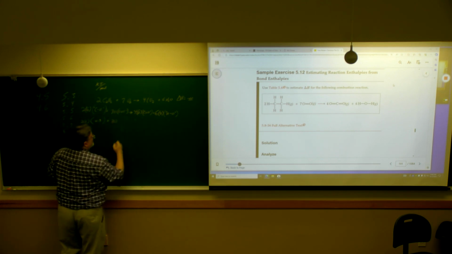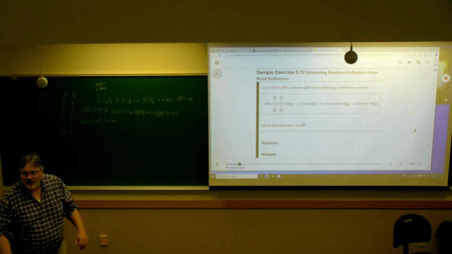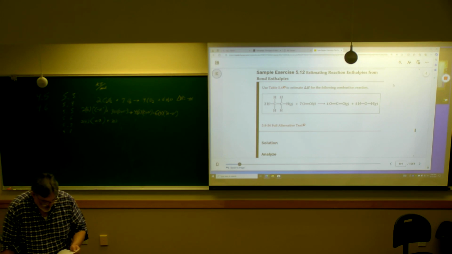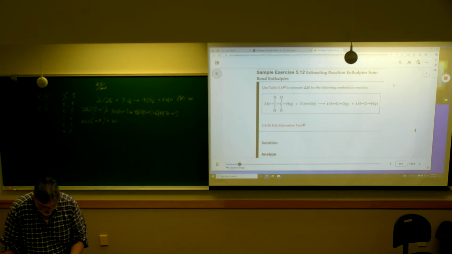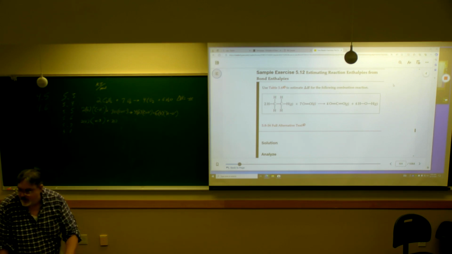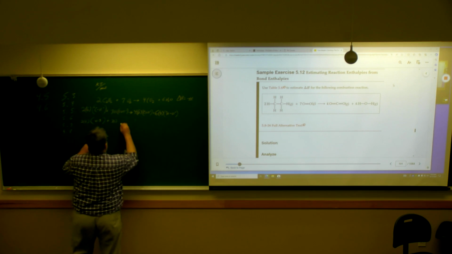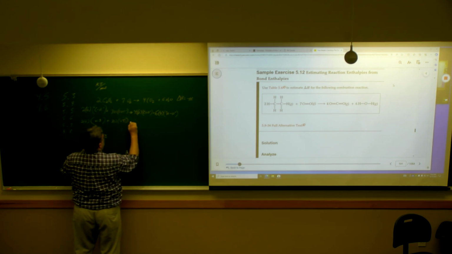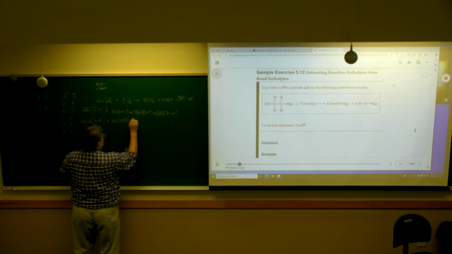7, 1. So find the double bond between 2 oxygens and tell me what the number is. You see it? 495. Now I'll put the arrow again.